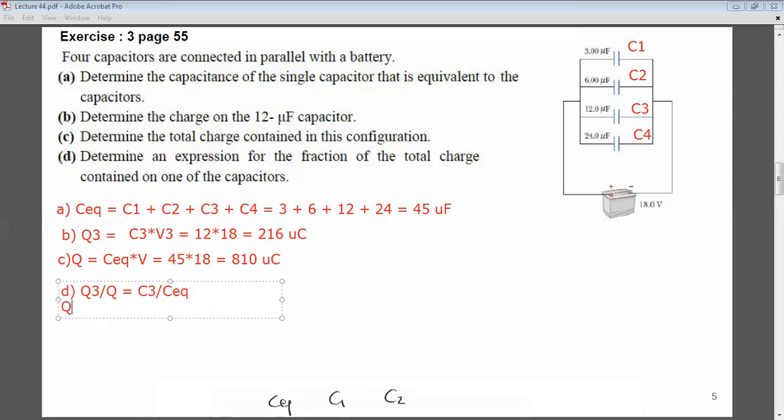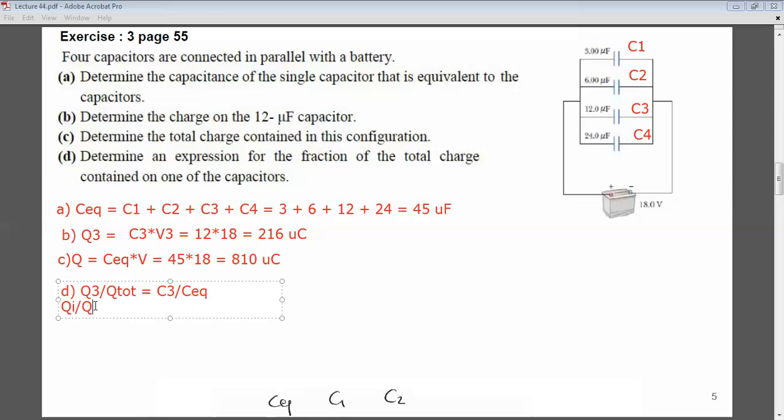And for any Q, let's say Qi over Q, where by Q I mean Q total, or Q equivalent, which is for the whole circuit. You can call it Q total, no problem. So this Q here is also Q total.